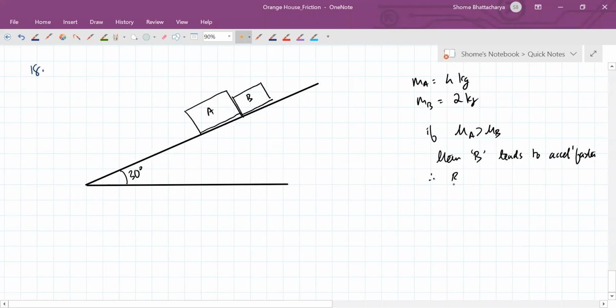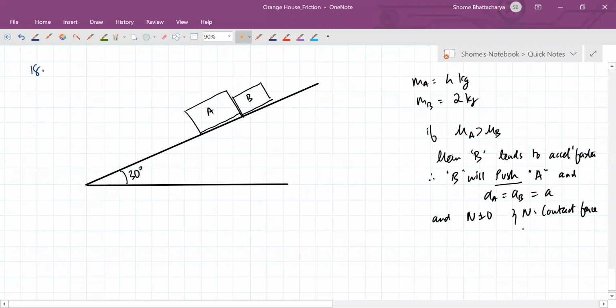So therefore, B will push A, and the acceleration of A will be equal to the acceleration of B. And the normal reaction will be non-zero, where N is the contact force between A and B. So that is this possibility.